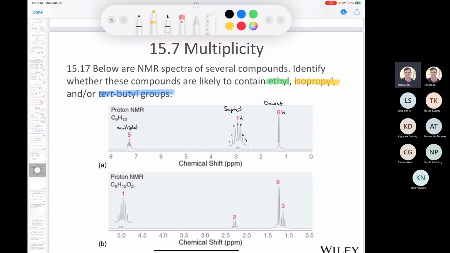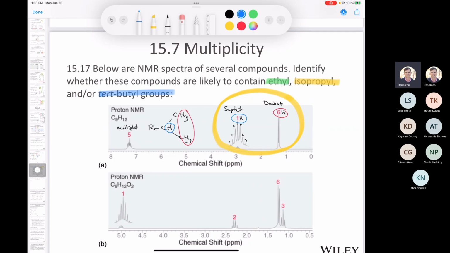Thanks, Kiana. It's the isopropyl, isn't it? How do we know that? Because if you draw an isopropyl, you have a methine coupled next to the 6 protons of the 2 methyl groups. These 6 protons give you a doublet. And then this methine proton is split by all 6 protons, so it integrates for 1, but it gives you a septet.